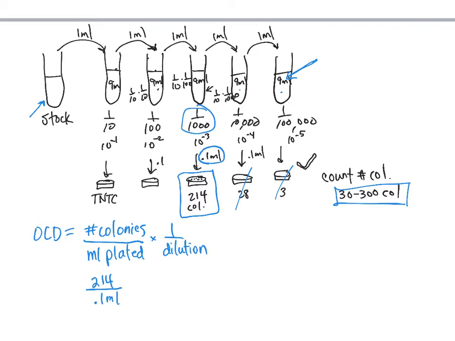You could use a larger volume there if you did not do a spread plate, if you did something called a pour plate, where you actually added the volume right into the liquid media and then let it harden. But we have to use kind of a small amount if we're going to just put it on the surface of the plate there. Okay, and then you're going to multiply by 1 over the dilution.